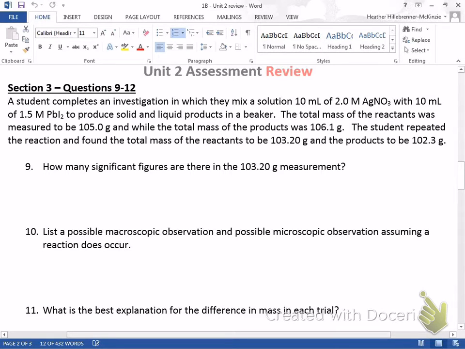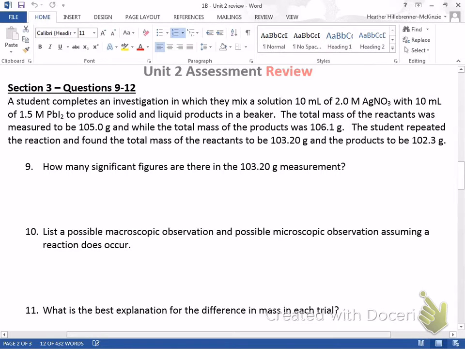All right. A student completes an investigation in which they mix 10 milliliters of a 2.0 molar silver nitrate solution with 10 milliliters of a 1.5 molar lead iodide solution to produce solid and liquid products in a beaker. So what's happening? Mixing solutions to create liquids and solids.